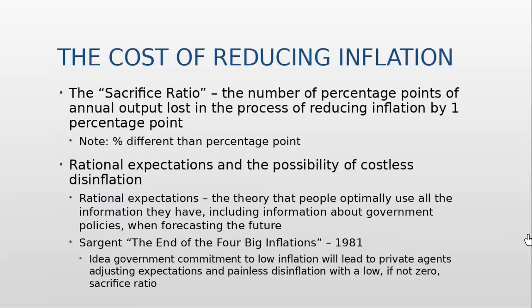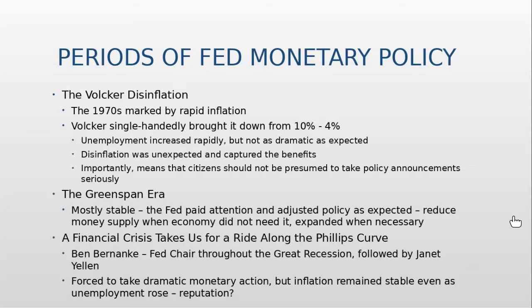Sargent's idea was that if government committed to low inflation, private agents, such as you and I, would then expect inflation to remain low, adjust our expectations, and then disinflation would be relatively painless with a low, if not zero, sacrifice ratio. But the key here is it has to commit and set expectations.